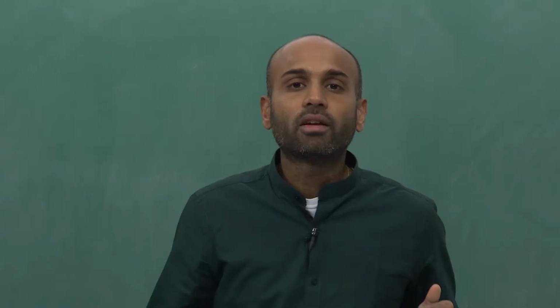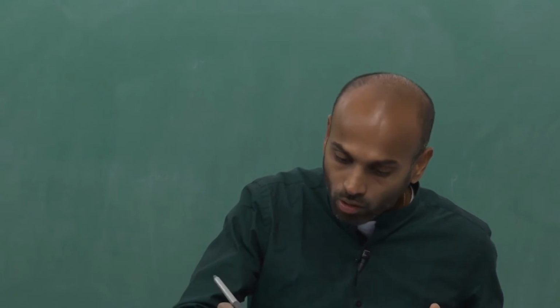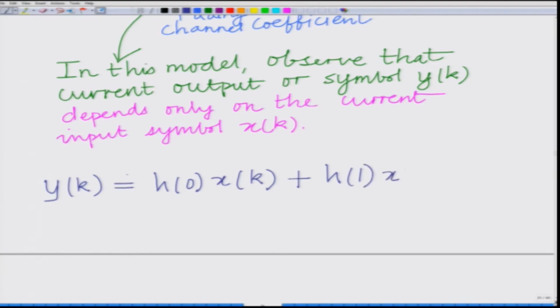However, we might frequently have another scenario, which is an undesirable scenario, in which the following occurs. Frequently it might happen that the received symbol yk is given as h0 times xk plus h1 times xk minus 1 plus vk, which is the noise.